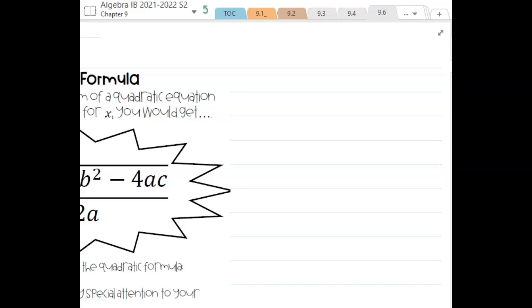Well, it turns out that typically there's not one method that works for every type of equation. So for example, the very first way to solve quadratic equations that we learned was the square root method, where if I had x squared equals 9, I could square root both sides. We'd get x equals plus or minus 3. Those were so easy, and it would have been awesome if that's the only method we ever needed.